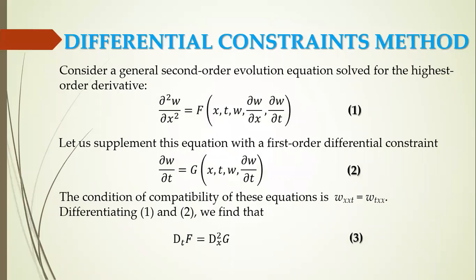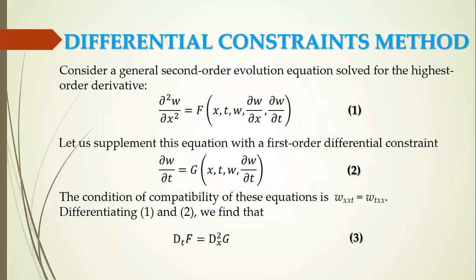It is equation 1. Let us supplement this equation with a first order differential constraint: dw/dt = g(x, t, w, dw/dx). Let it be equation 2.